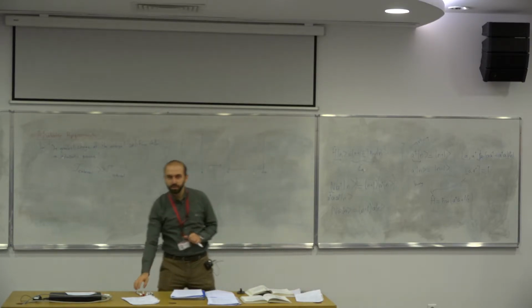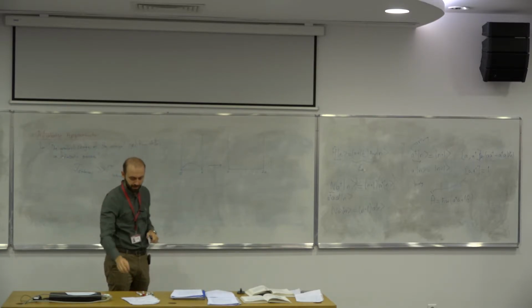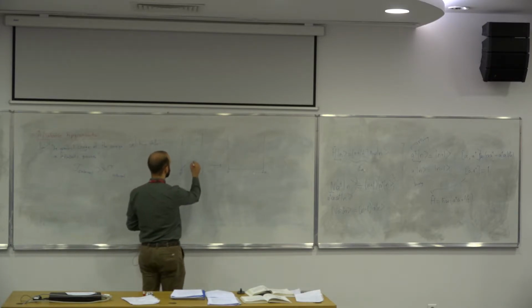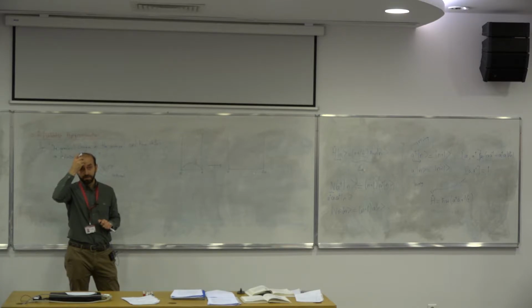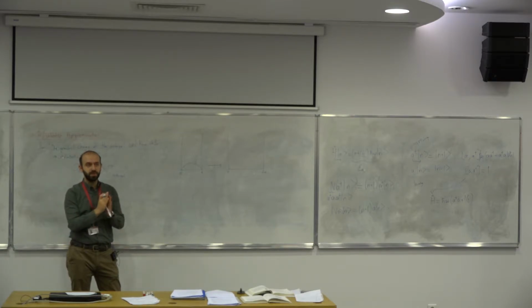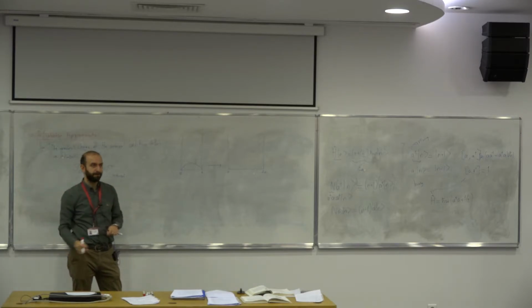So what I'm doing is I have a potential well, and I expand the wall of this potential well. What will happen to this ground state wave function if I expand the well suddenly?